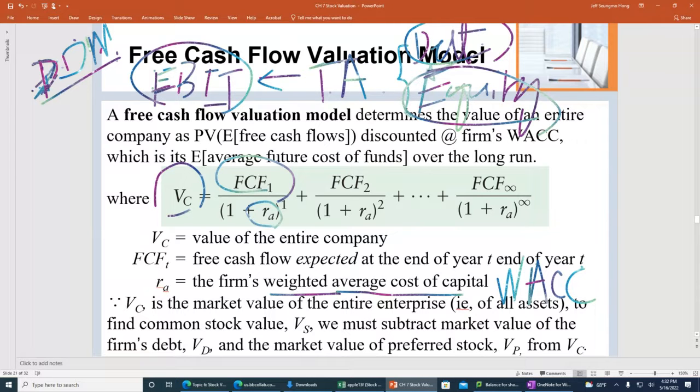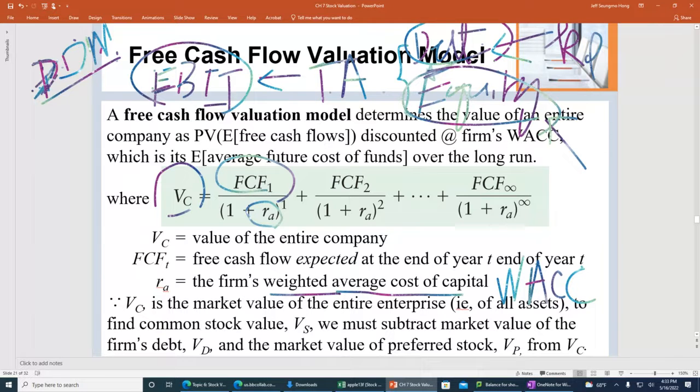So think about it. How would you discount this free cash flow? Because free cash flow is the result of the workings of both debt and equity. You cannot discount it only by the required return. Required return is the discount rate for the equity, but you cannot discount it by cost of debt.